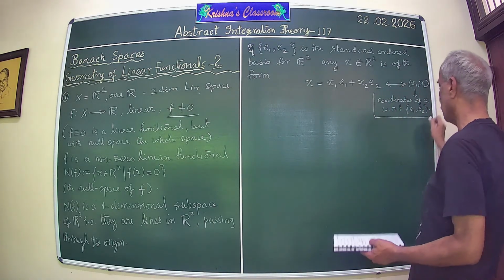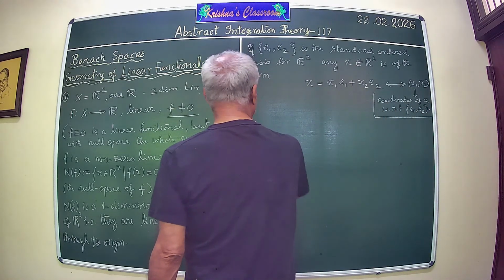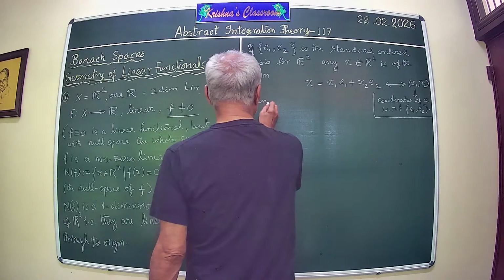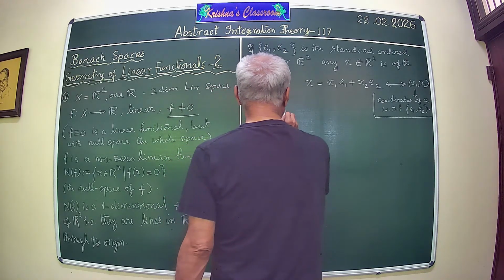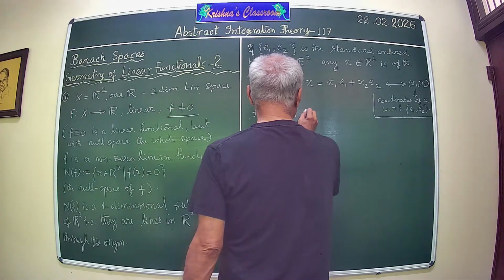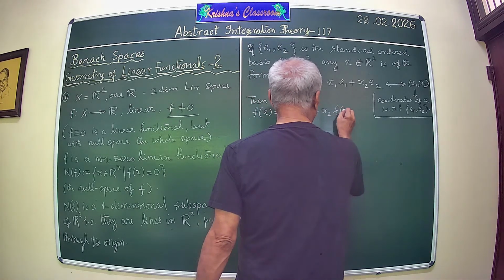Then f is linear, therefore f of x is equal to x1 into f of e1 plus x2 f of e2.